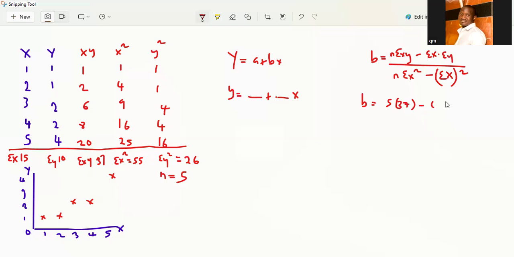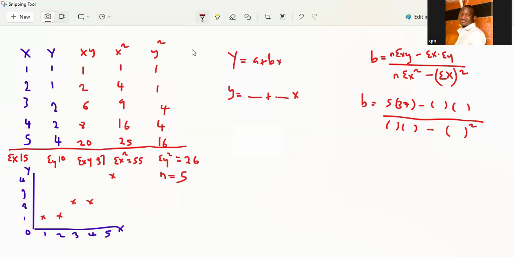Then what is summation of x? And what is summation of y? You can see from the table. Summation of x is the total of x.